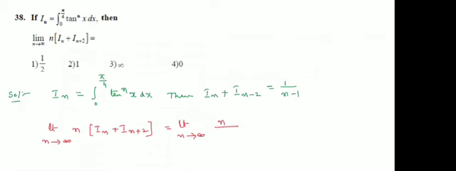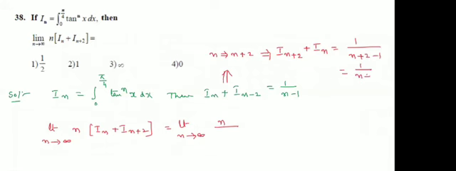In place of n here, replace n plus 2. Then what happened? We get I_(n+2) plus I_n, that is equal to 1 by (n+2) minus 1, that is 1 by n plus 1.